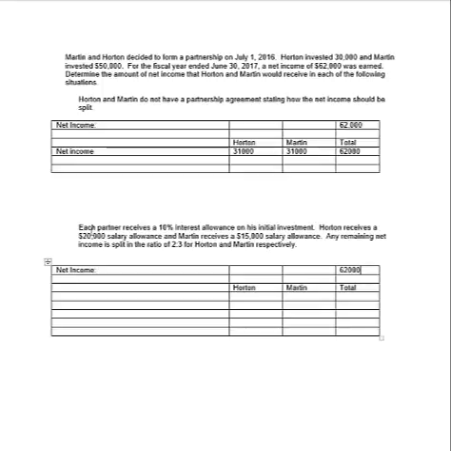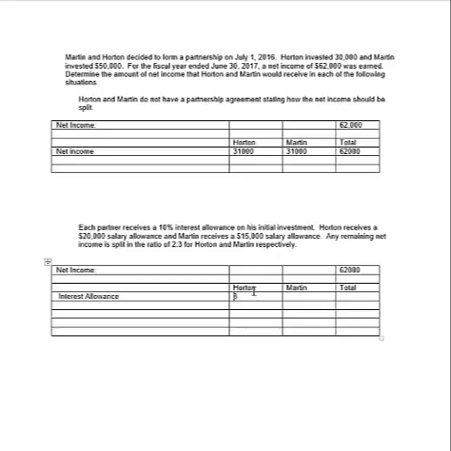The first sentence says that each partner receives a 10% interest allowance on his initial investment. So we will identify the interest allowance and then figure out how much each partner gets. Horton had invested $30,000 initially, so he gets 10% on his initial investment.